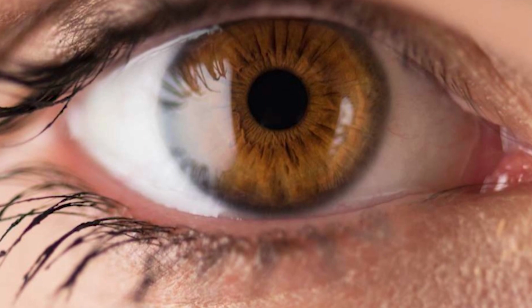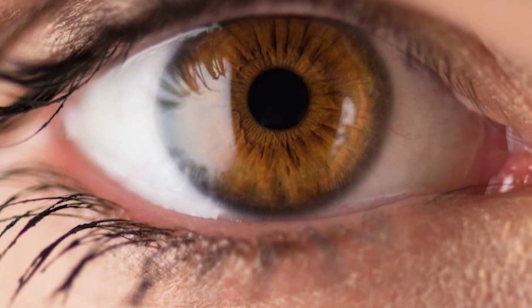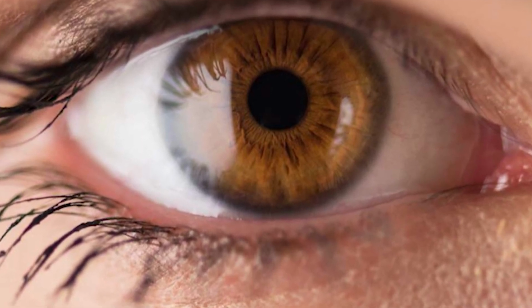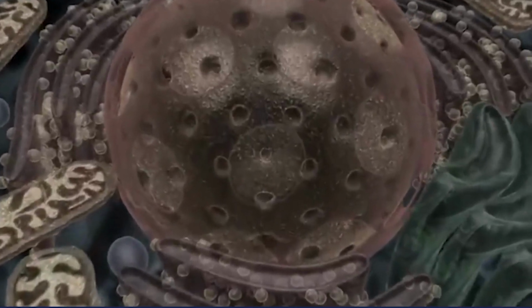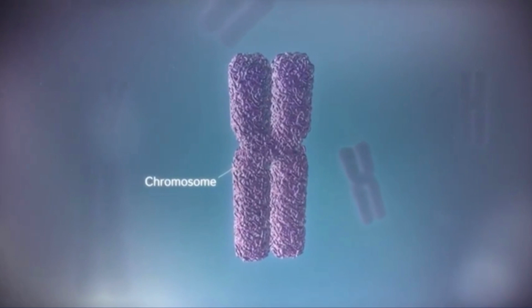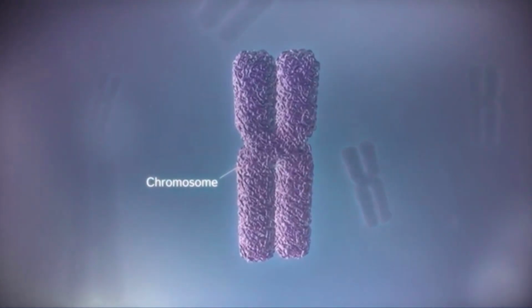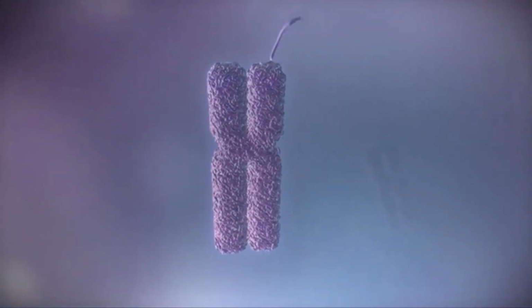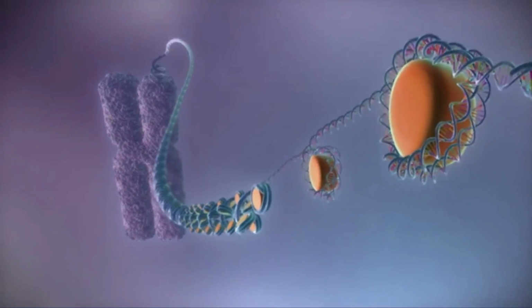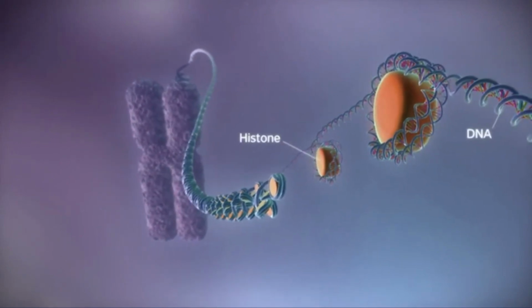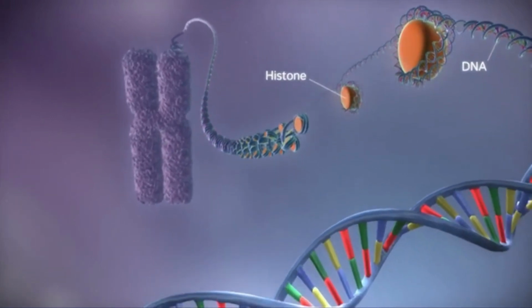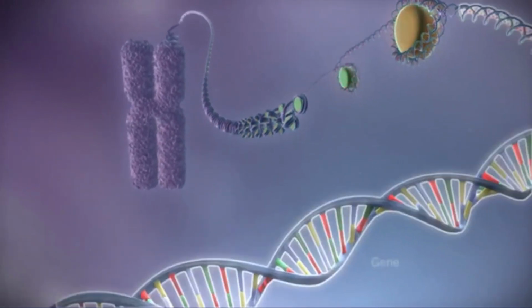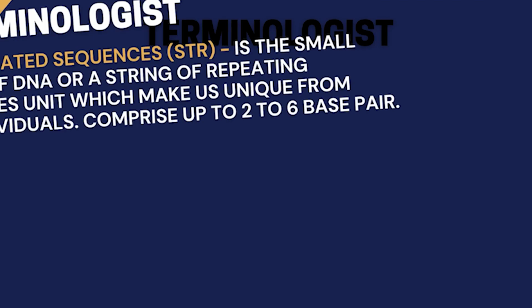And this unique fragment of DNA is organized within the 23 pairs of chromosomes in the nucleus of each of our cells. Chromosomes contain junk DNA, and this type of DNA is not involved in protein production and has no significant impact on one's health, but could be used for matching purposes.